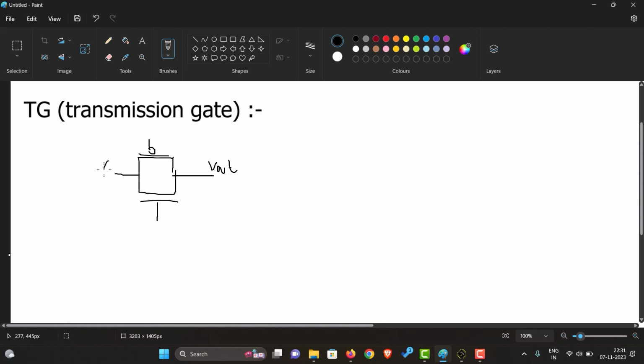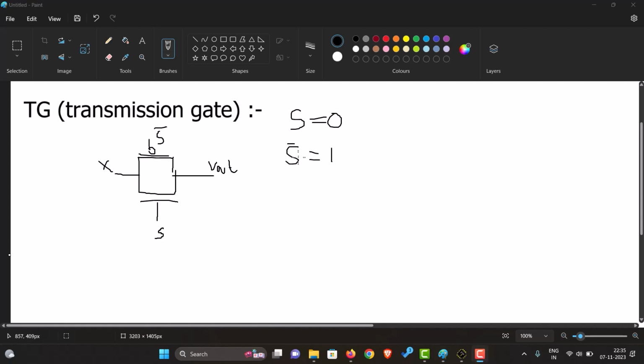This is the input, let's call it X. Let us call this S bar and this is S. What happens is, when S is 0, then S bar is 1.